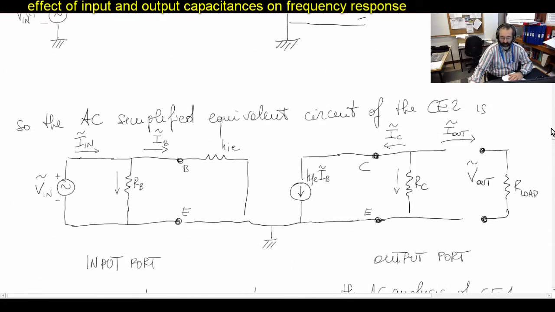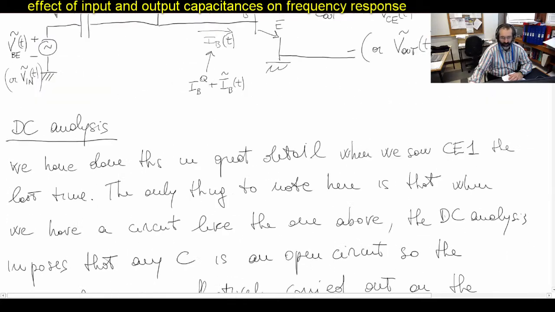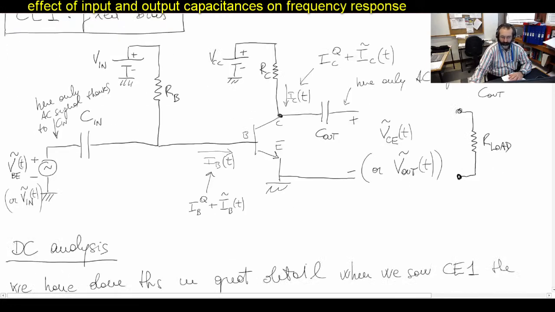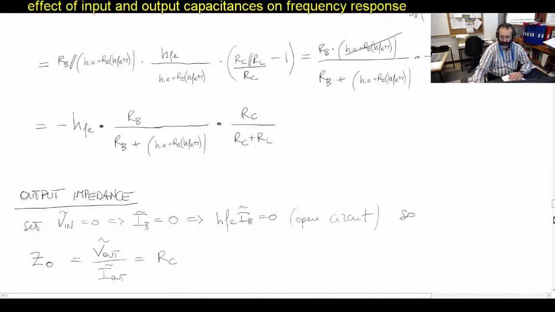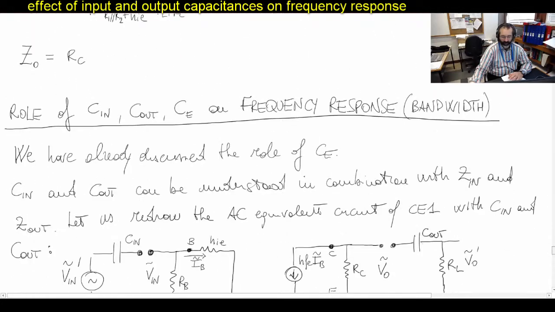Let's go back. What is the first circuit? There you go. C1 fixed bias, C out was here, and eventually our load would be connected to C out. So let us go back down there. Here we are.